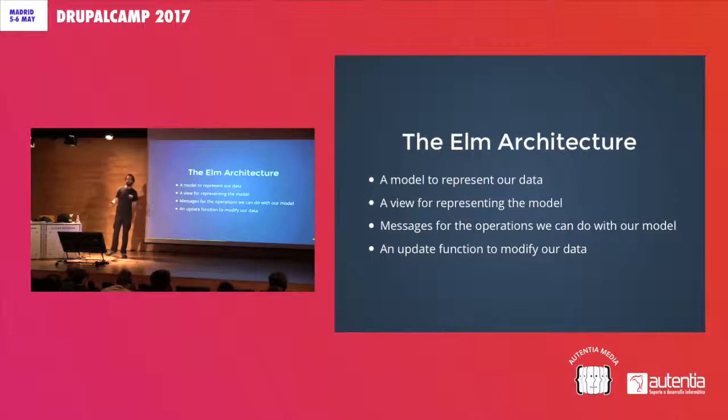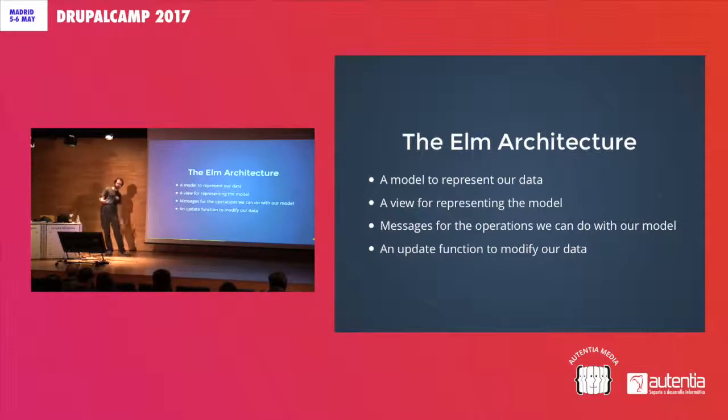We have a view to represent this model in a way that the user can see and understand. Then we have messages for the operations we want to do with our model. And then the last part is an update function that gets the messages and modifies the model based on the message it receives.